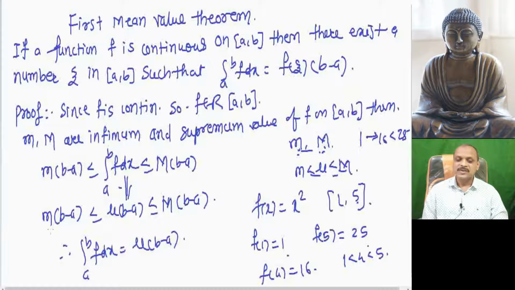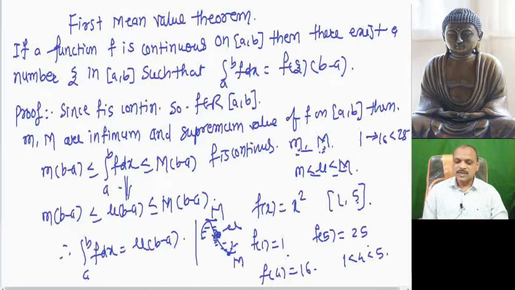Likewise, if a number lies between the infimum and supremum, and f is continuous, it attains every value between the bounds. That means if this is the graph of the function, this is the supremum value capital M, this is the infimum value small m, and for all these values, there may be any mu.